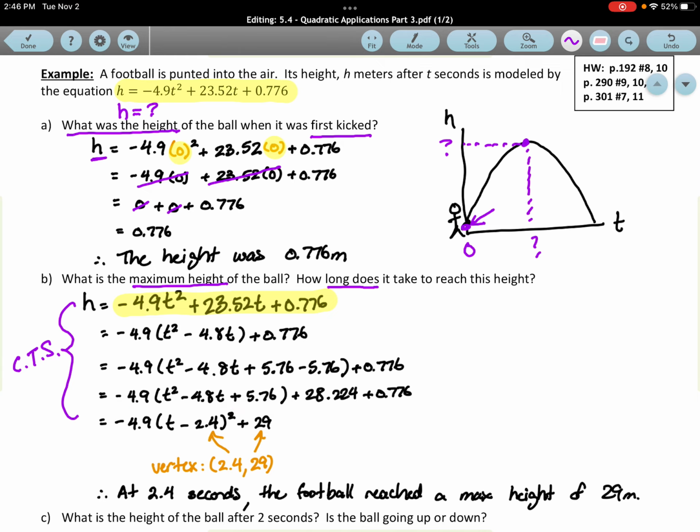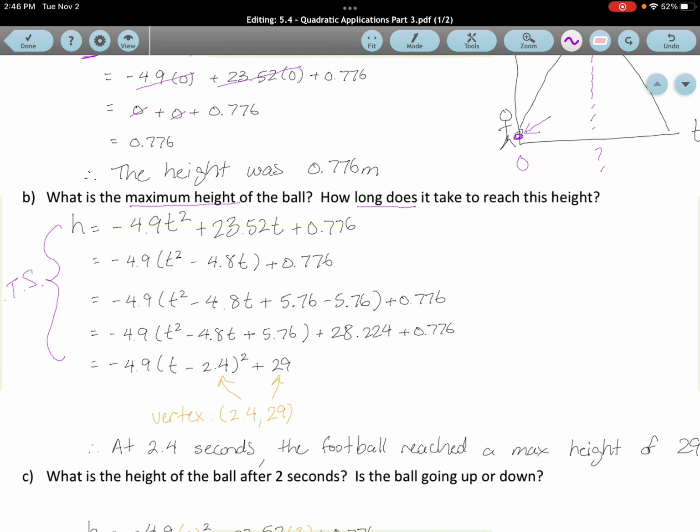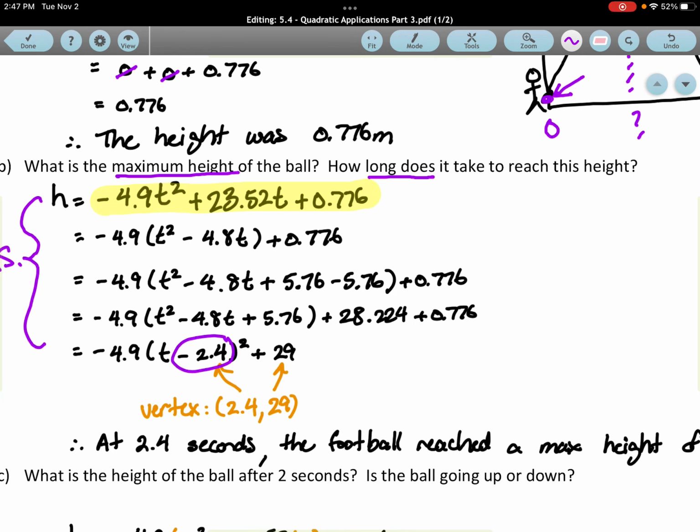So I'm not going to go over all the steps for completing the square because I expect that you guys already know how to do that. And so just looking at the answer, these two numbers right here, your h and your k, are going to give you the vertex. Just remember that the h is the opposite of the negative 2.4, which is a positive 2.4. Now, what do those numbers actually mean?